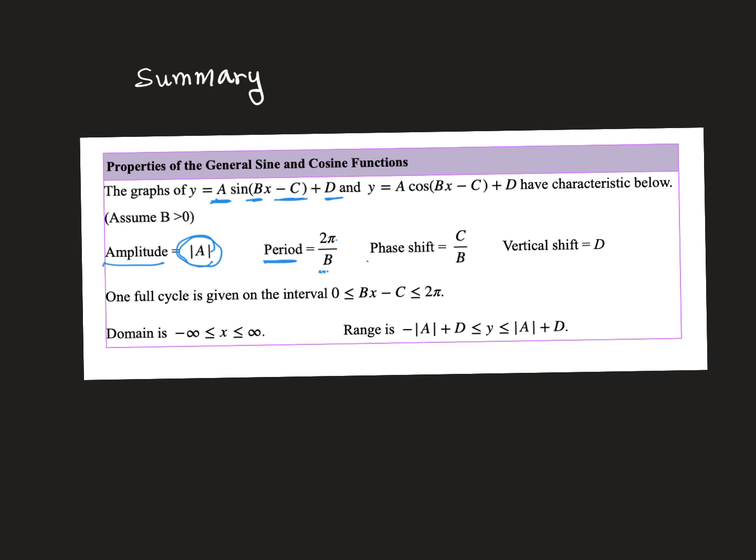Make sure the phase shift is C over B. Here is negative, so be very careful with the sign of C. The vertical shift is D, guys, make sure you understand that. The domain is all real numbers. The range minimum is negative A plus the vertical shift, and the maximum is amplitude plus the vertical shift, okay?